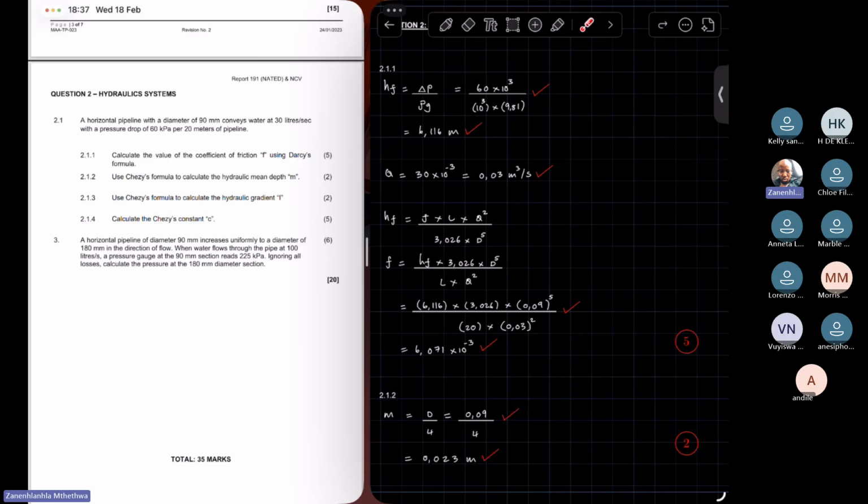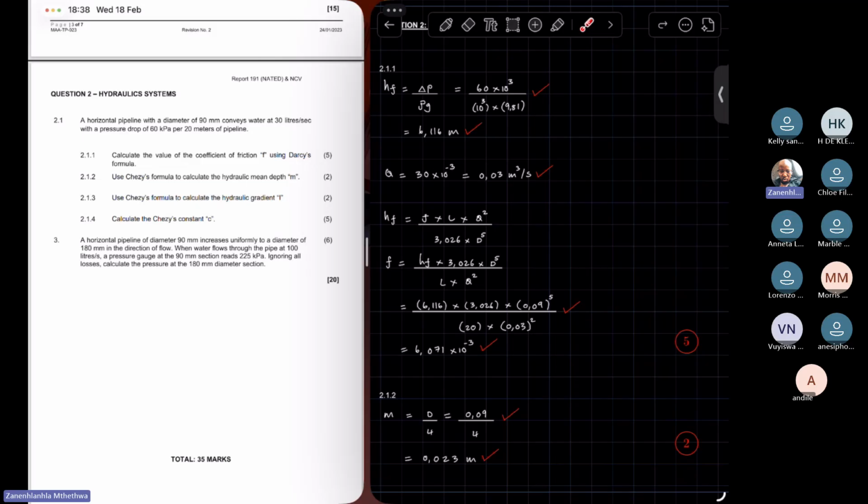You have a pressure drop of 60 kilopascals per 20 meters of pipeline. Now, what does it tell us? This tells us that the change in pressure is 60 kilopascals for every 20 meters of pipe length. Which tells us essentially that we don't necessarily need the entire length of the pipe. The fact that we've been given the pressure drop for a length of 20 meters essentially tells us that you have the length.